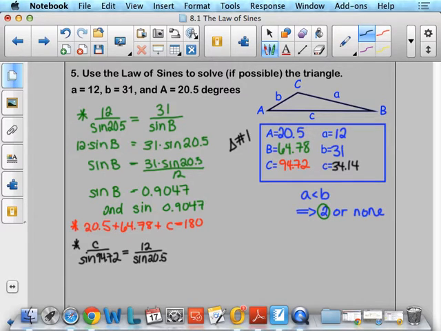Okay, to find triangle number 2, we're going to start out the exact same way. Okay, we know little a was 12, little b was 31, and then big A was 20.5.